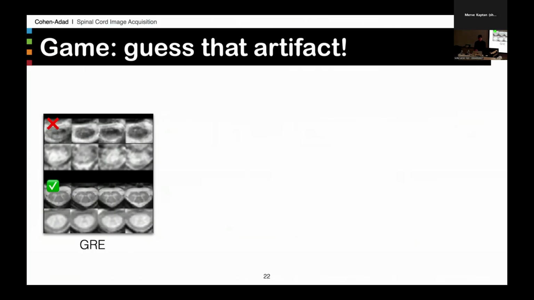So what's the problem here? This one is unfortunately quite prevalent in this type of sequence. Yes, that would be subject motion, unfortunately. There's not a lot we can do about it.